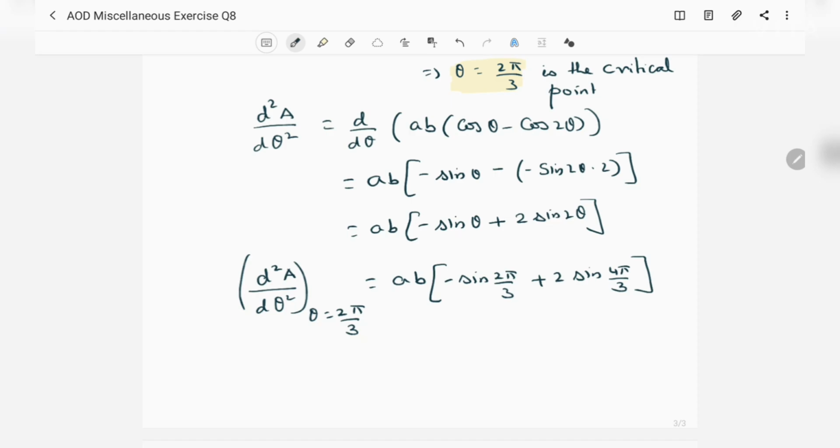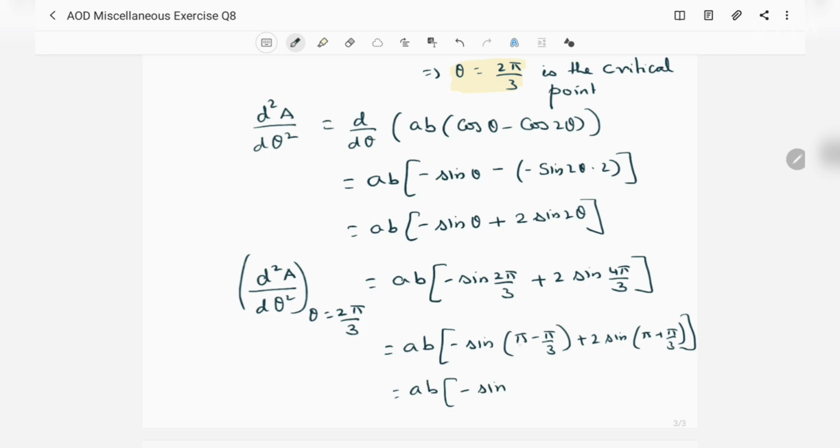Which is equal to AB times minus sin of, we can write 2 pi by 3 as pi minus pi by 3, plus 2 sin, we can write 4 pi by 3 as pi plus pi by 3.